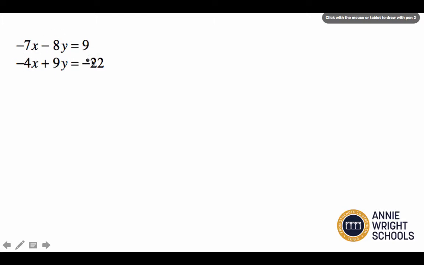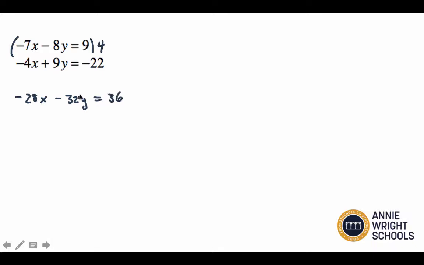So I look here, and I'm just going to have to bite the bullet and multiply this by 4 and get negative 28x minus 32y equals 36. Then I'm going to multiply the bottom equation by negative 7.